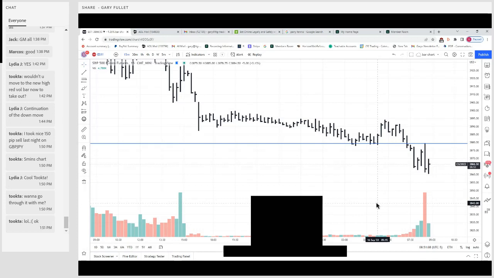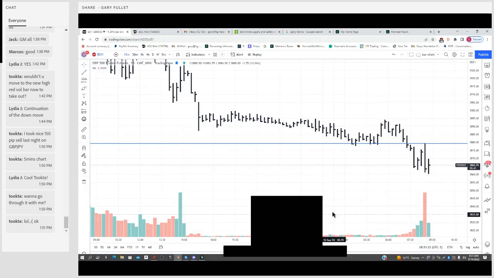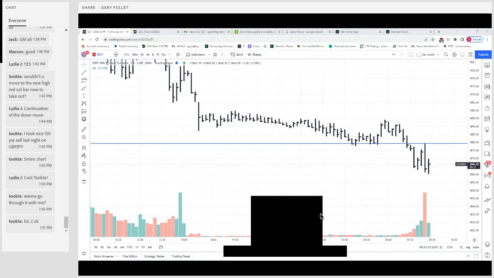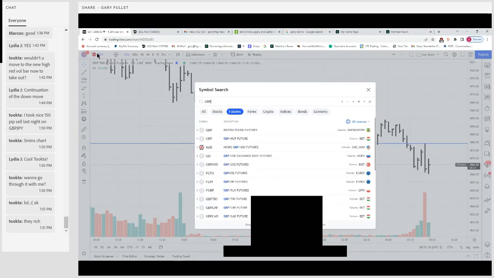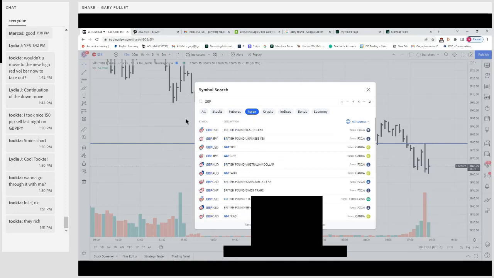Let Jack go tell you. He gives you the reason why the currency appears. What do you got, Tuka? What do you got against the Japanese? What do you have against the Brits? Why do you do that to them? What did the Brits ever do to you? They're rich.